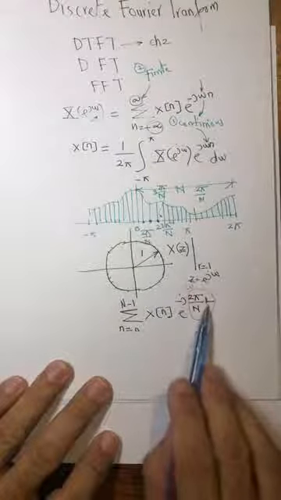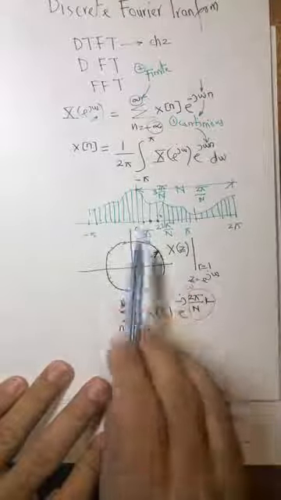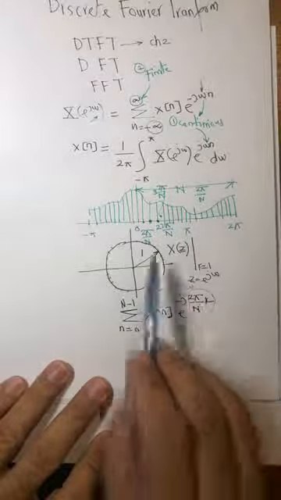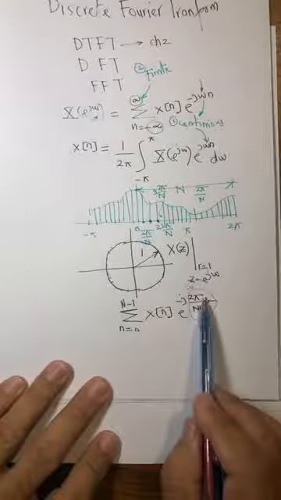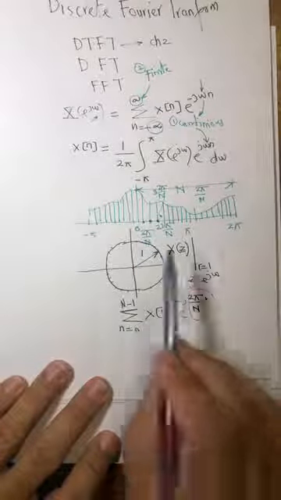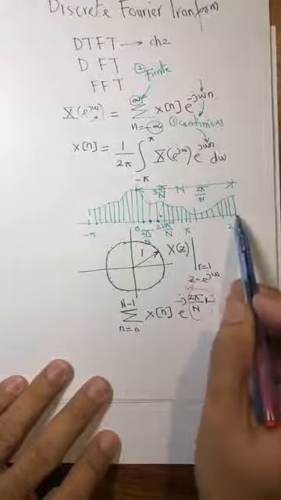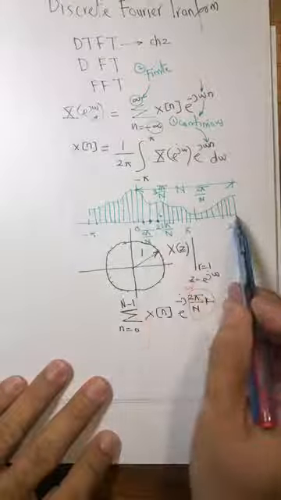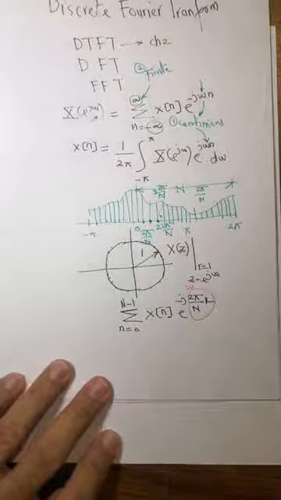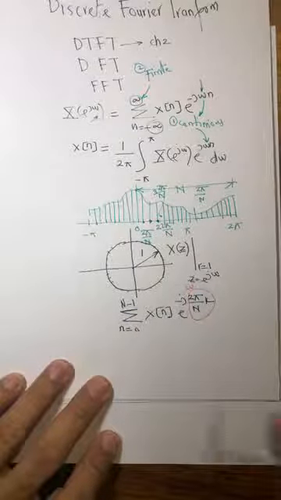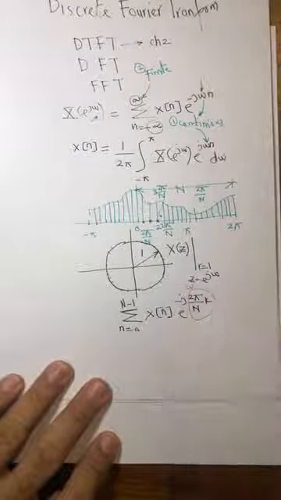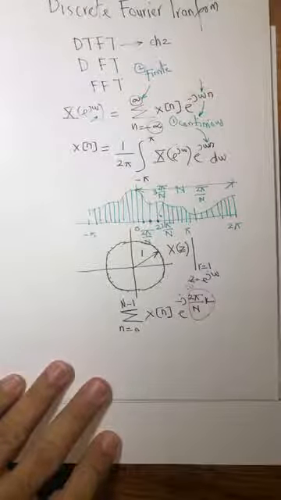Once I put k equal to 0, it is my first point. Once I put k equal to 1, it is 2 pi over n, and this is my second point. Once I put k equal to 2, it is my third point. Similarly, just keep going. And once I put n, it is 2 pi, which repeats itself, like 0 and 2 pi are going to be the same. And n is the same as it was in the formula.